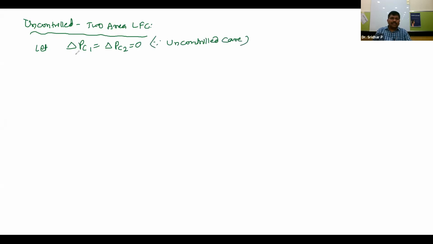So what about the changes? Delta PD1 and delta PD2, there are two demands in the system. These are the stepwise applied loads. So we are applying the loads stepwise to the areas.